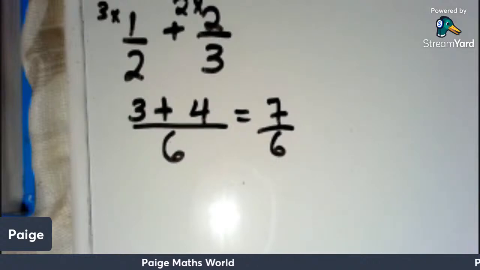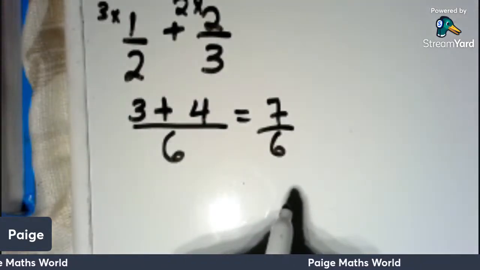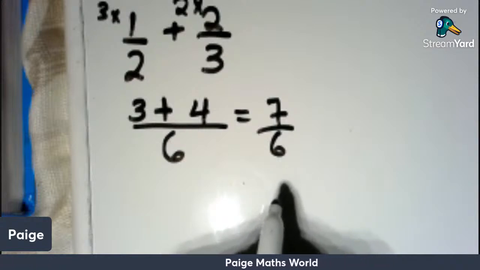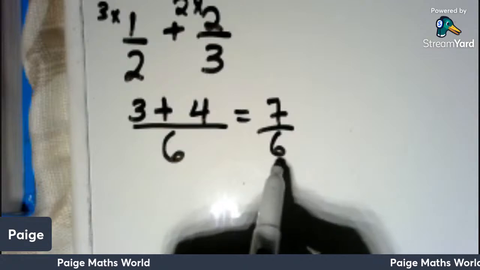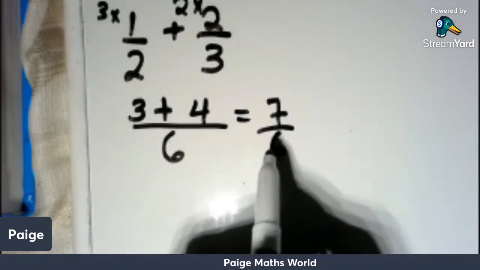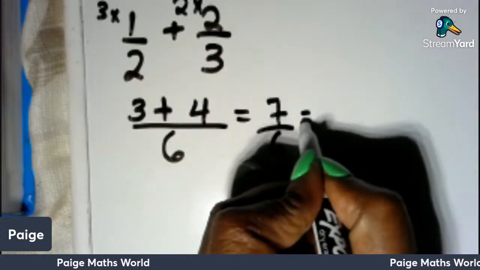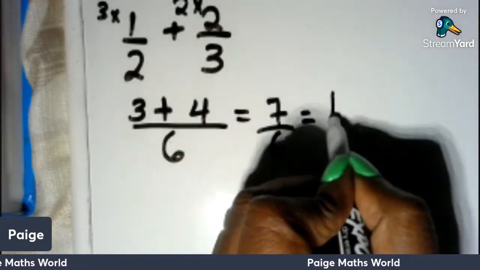For the part where we want to know how to get this into a mixed fraction, you're going to say how many times can we get 6 from 7. We know that we can get 6 from 7 one time.